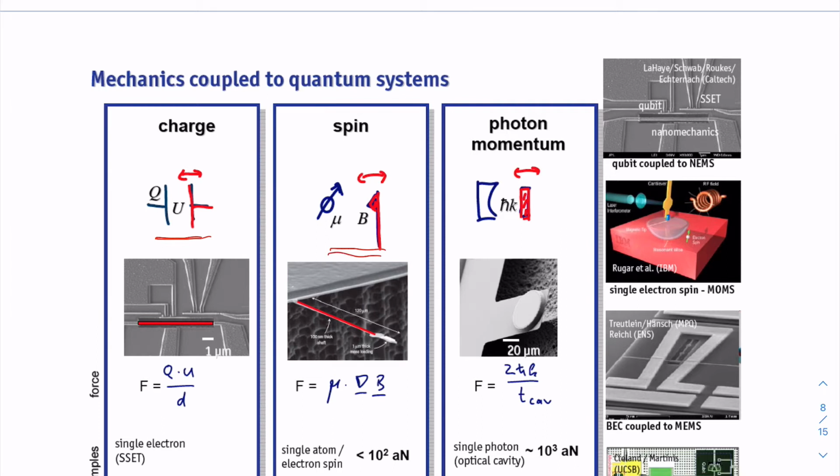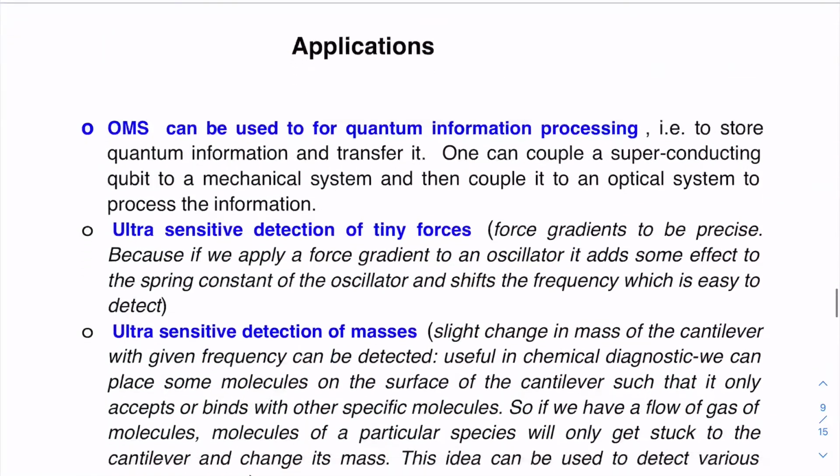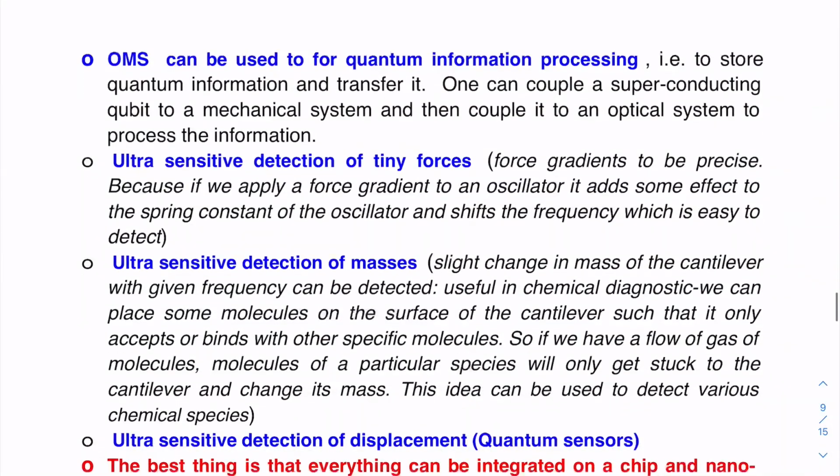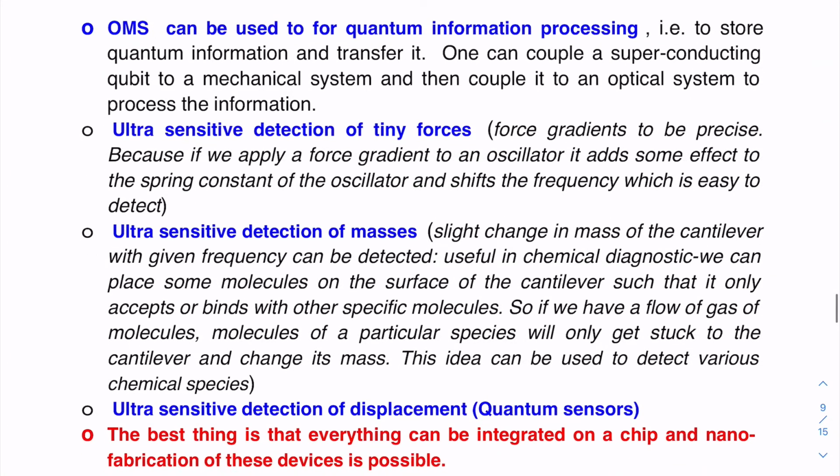Or if we put a mirror, just like here, on the mechanical system, it gets coupled to photons and so on. So the mechanical system acts like a bus system. This way, we have a mechanical transducer that allows us to make different quantum systems interact which otherwise would not have interacted. Maybe we will come to this particular topic later on as well.